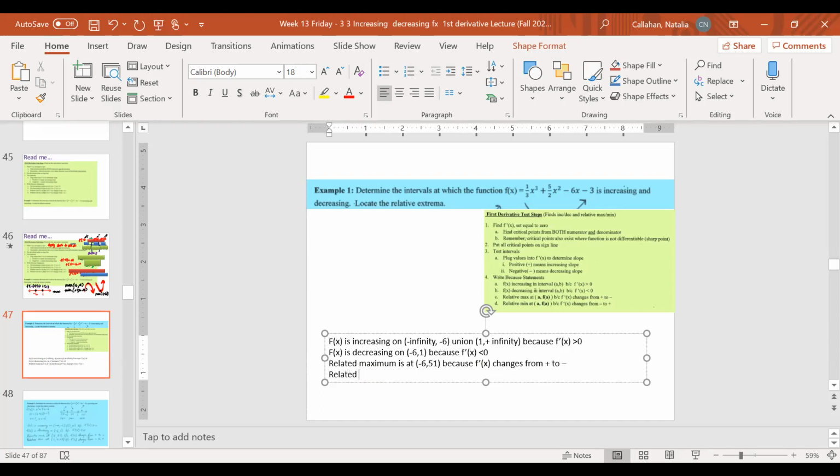And you could say your relative minimum is at (1, negative 6.167), because f prime of x changes from negative to positive.